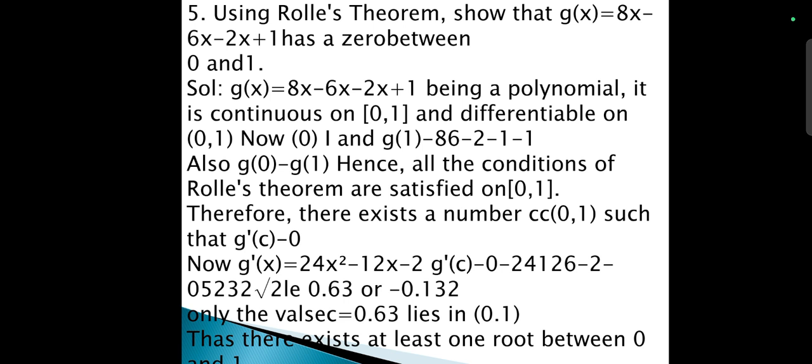Hence all conditions of Rolle's theorem are satisfied on 0, 1. Therefore, there exists a number c in 0, 1 such that g dash c is equal to 0. g dash of x is equal to 24x cube minus 12x minus 2, so g dash c is equal to 0 gives the value 0.63, which lies in 0, 1. Thus, there exists at least one root between 0 and 1.